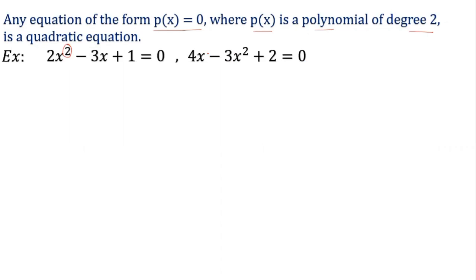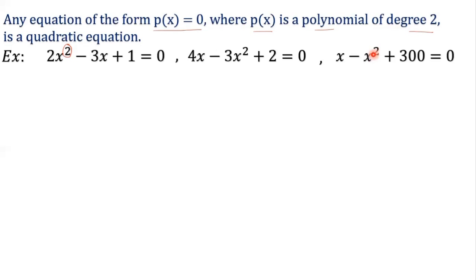4x minus 3x square plus 2 is equal to 0 is a quadratic equation because the highest power of the variable is 2. Now, x minus x square plus 300 is equal to 0 is a quadratic equation. Here the highest power of the variable is 2.